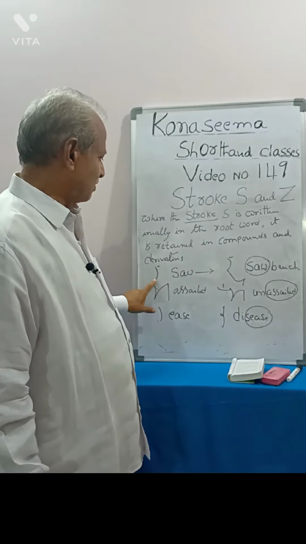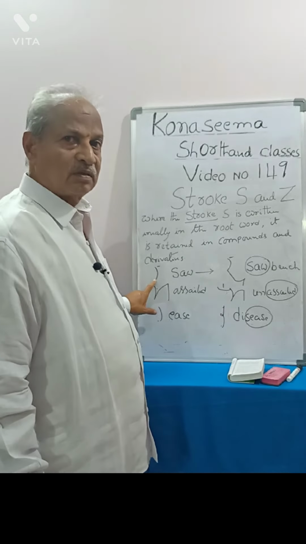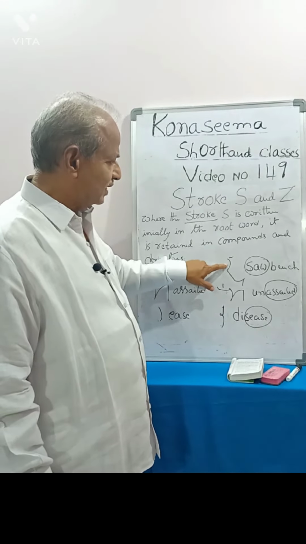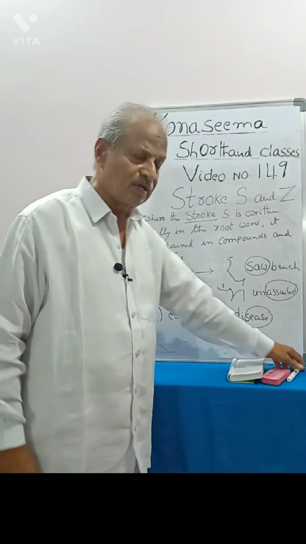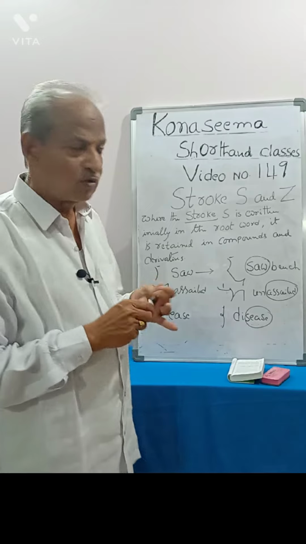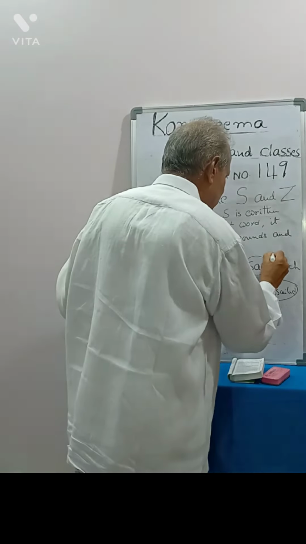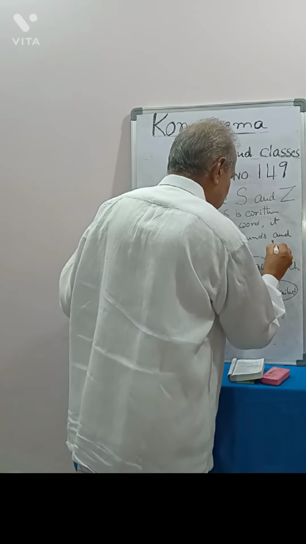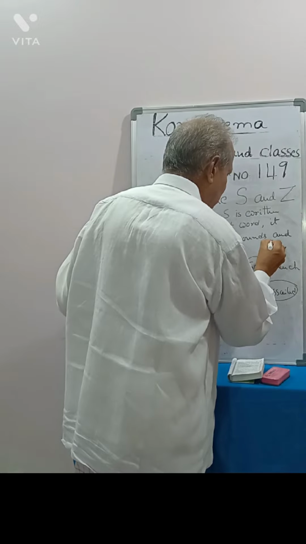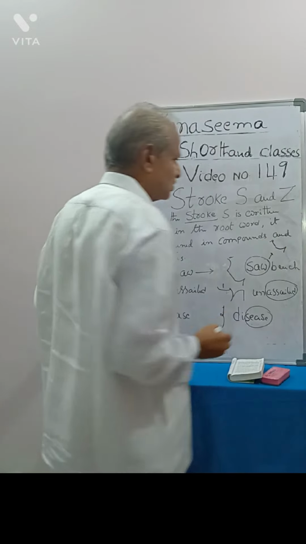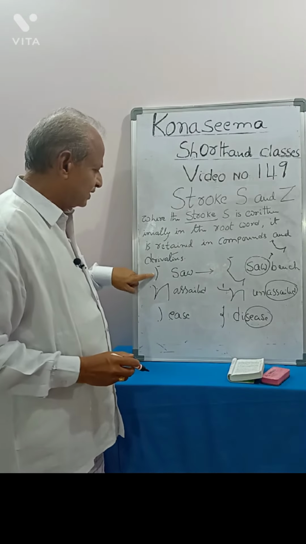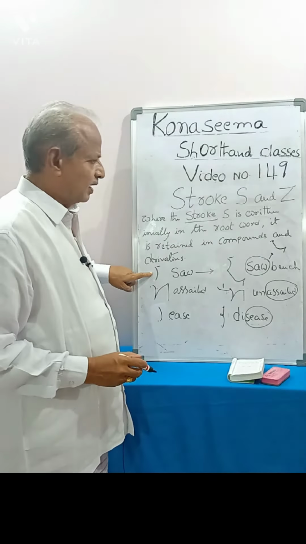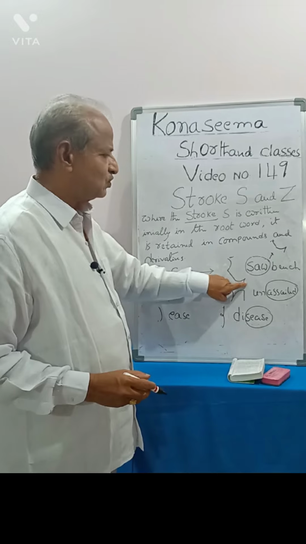So here we have written say, and we should retain this S and then add bench. Otherwise, if this rule were not there, we could write it differently. But since this rule is given, we have to retain this S and then add bench like this.